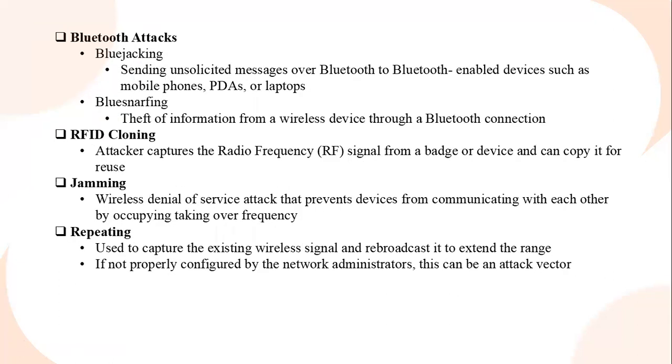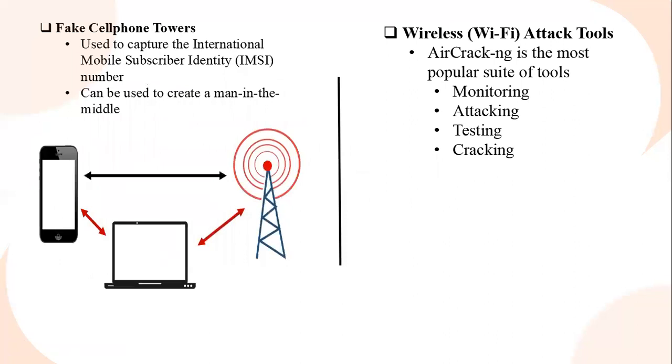So bluejacking is for Bluetooth, RFID, jamming is when you are denied service, then repeating is when wireless signals are being extended. Fake cell phone towers can be used to capture your IMSI, and can also be used to create a man-in-the-middle attack, right? So you want to be careful what you're connecting to.